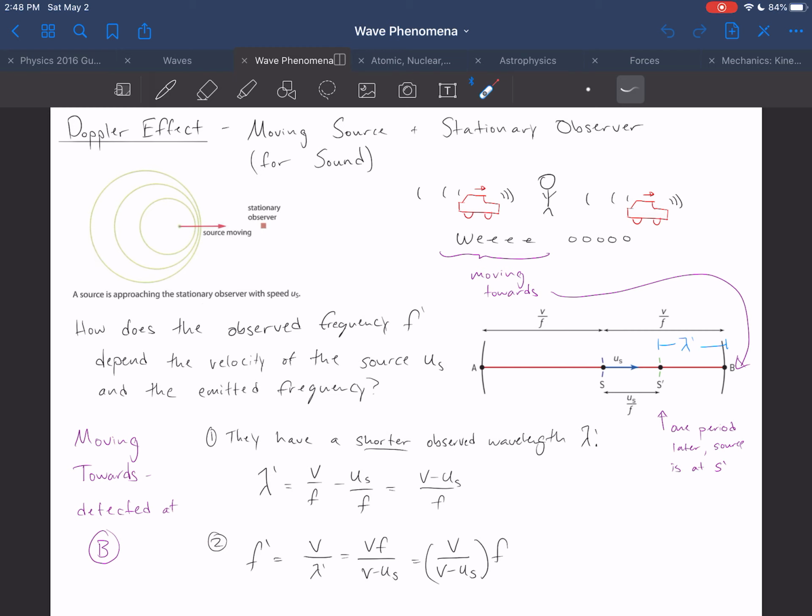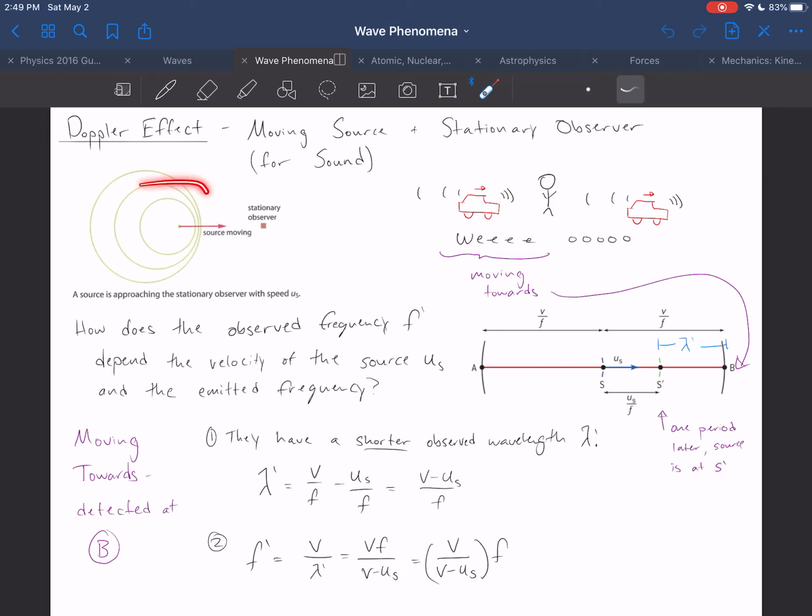So, focusing in on the Doppler effect for a moving source and stationary observer for sound, we first want to explain why this occurs. And it's actually fairly straightforward to see why this occurs with an appropriate wavefront diagram. The general idea is that as a source is moving, if we see this source represented with the green dot, it's emitting waves, and the stationary observer is going to detect those waves.